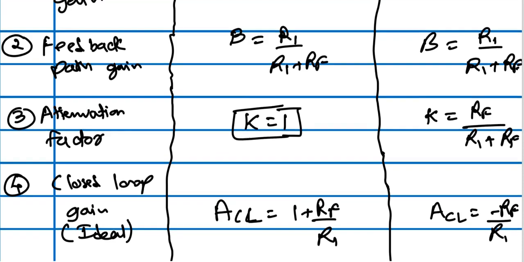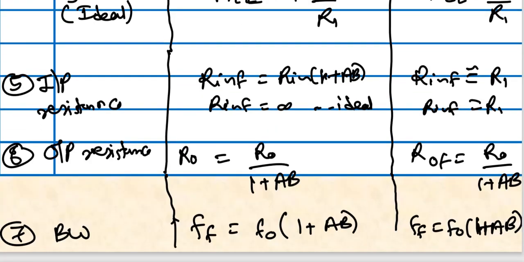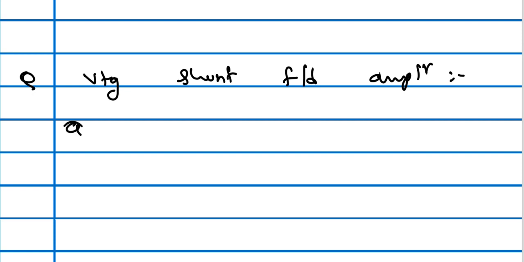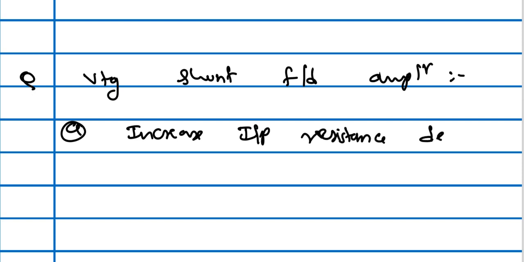Quickly, and one important point: input resistance is increasing with the voltage series feedback amplifier. But with the voltage shunt feedback amplifier it is decreasing. So there can be a question like this. Voltage shunt feedback amplifier. Options are: increases input resistance, decreases output resistance.